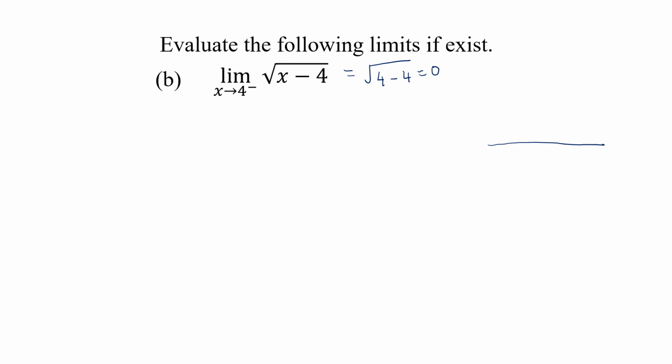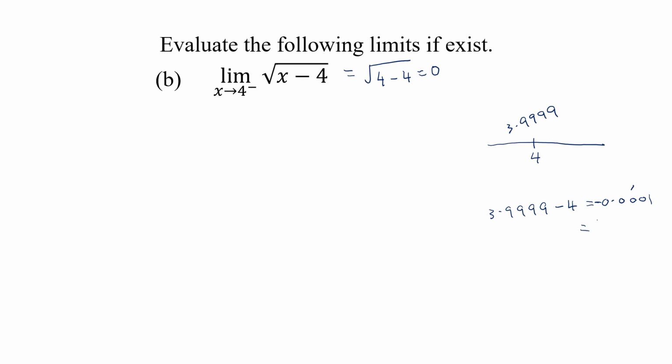So, from the number line, a value of x that approaches 4 from the left can be 3.9999, very close to 4. If we substitute 3.9999 into the function f, minus 4, we get something negative here, negative 0.0001.